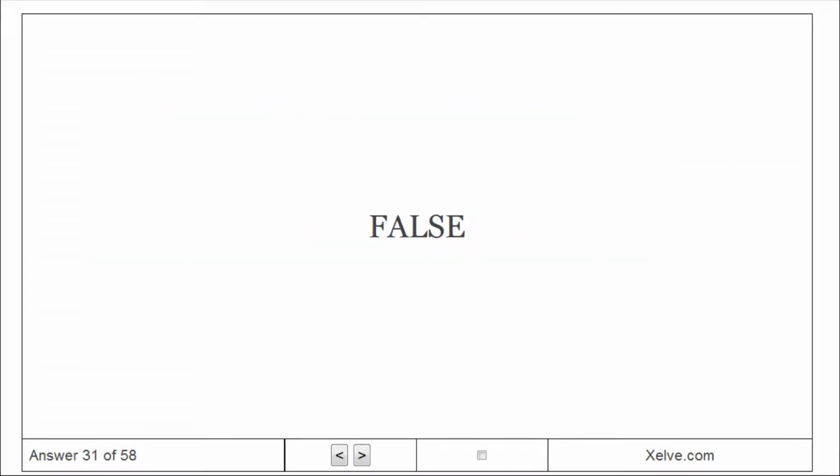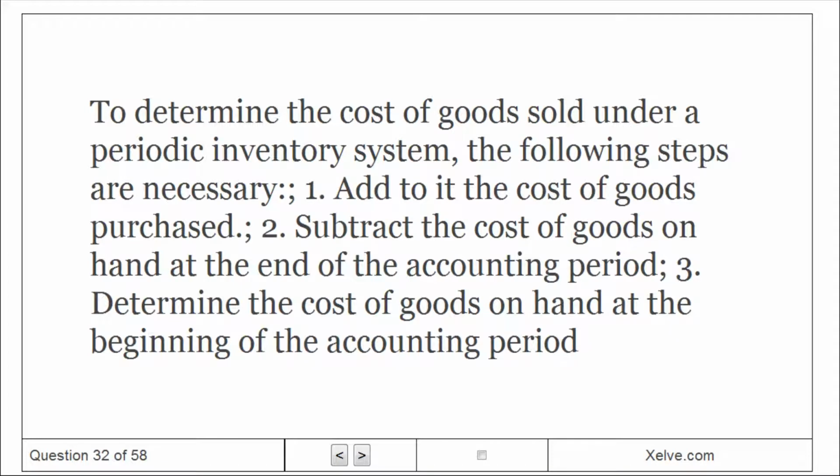False. Another ordering: 1. Add to it the cost of goods purchased. 2. Subtract the cost of goods on hand at the end of the accounting period. 3. Determine the cost of goods on hand at the beginning of the accounting period. False.